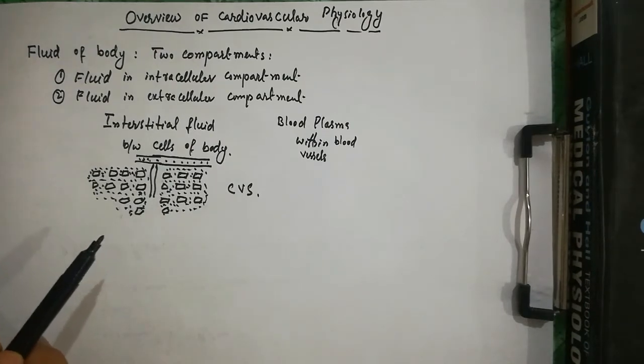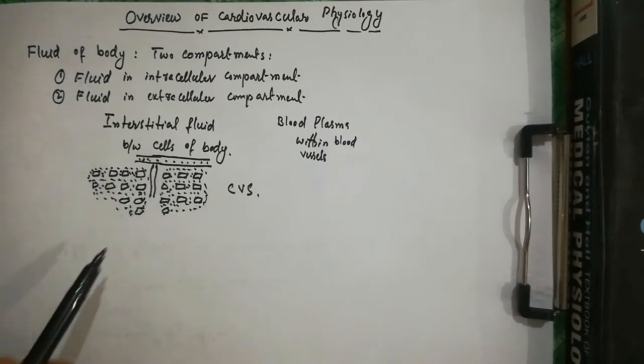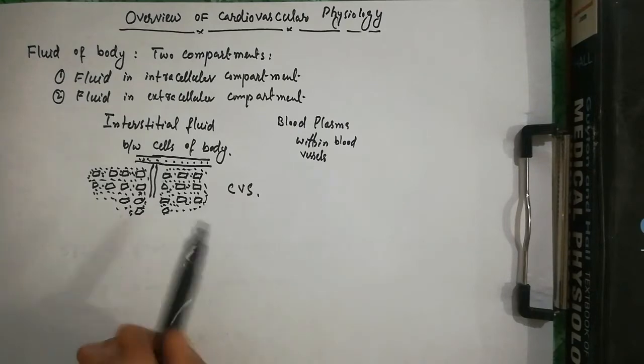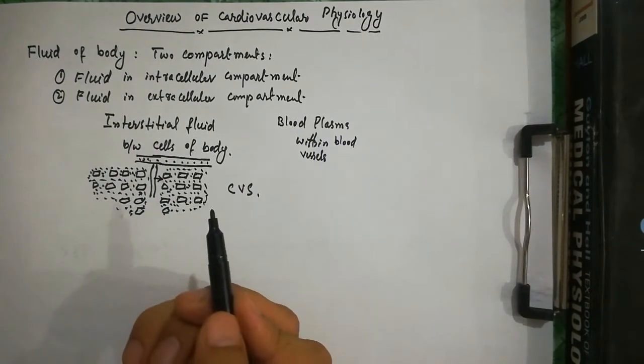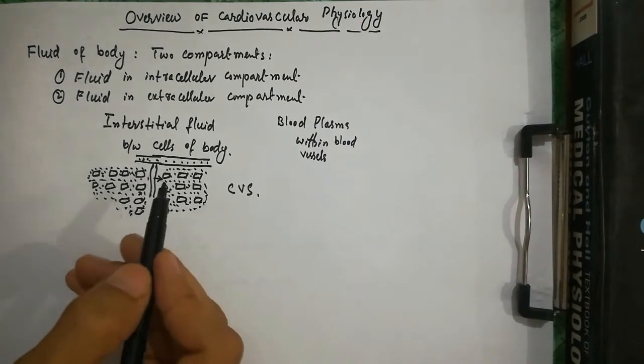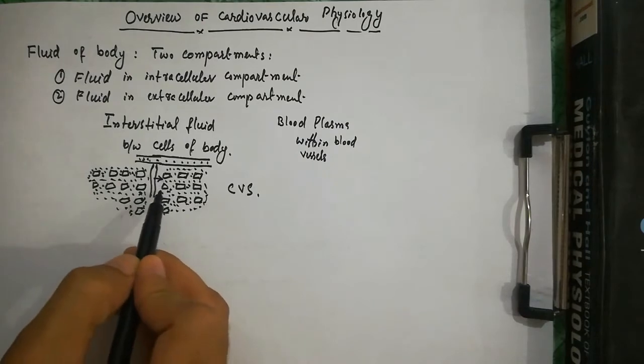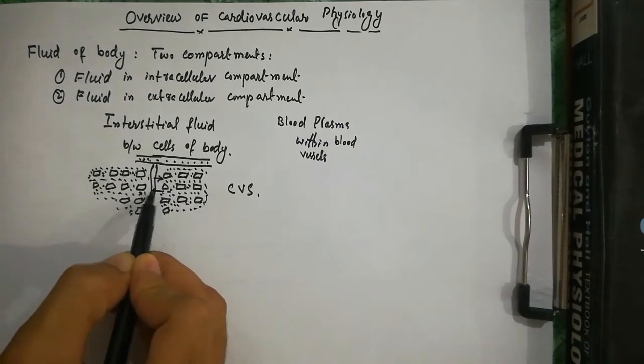It is conditioned, meaning nutrients, oxygen and other substances transfer from plasma into cells in this manner, and waste products or some other substances transfer from cells into capillaries or into plasma in this manner.